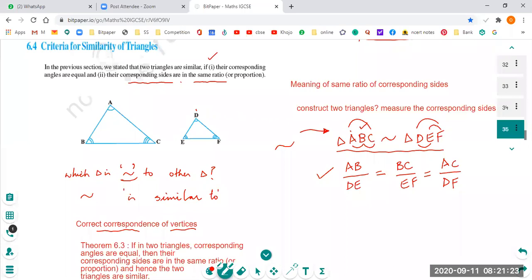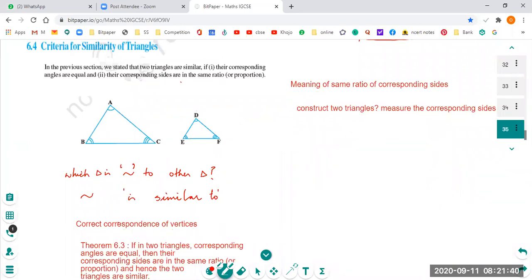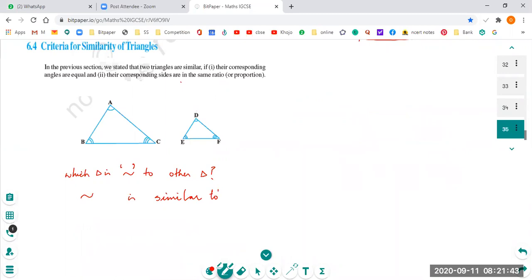So now students, let me understand deeply what is the meaning of the corresponding sides being in the same ratio. For this, we will construct two triangles. Let's say you take AB as 2 centimeters.